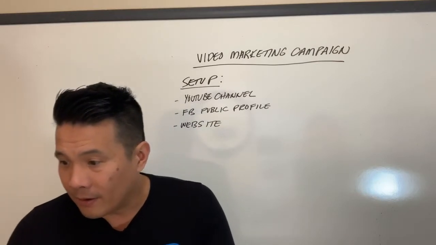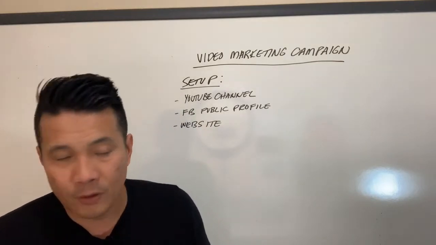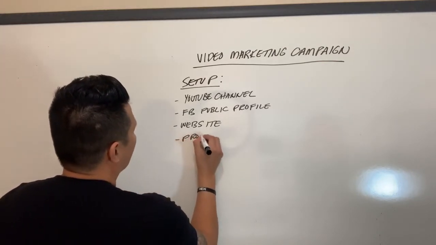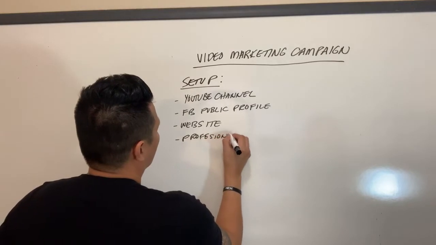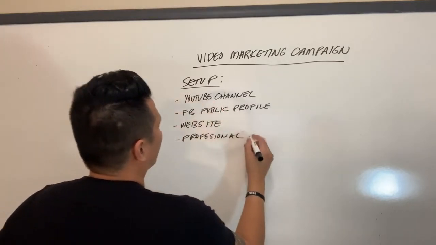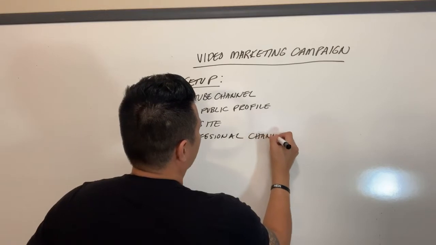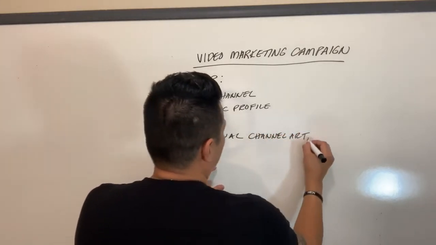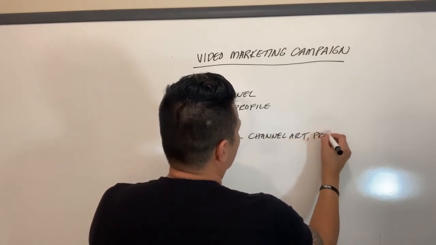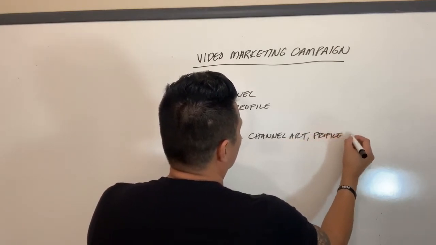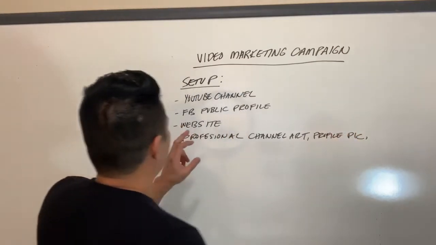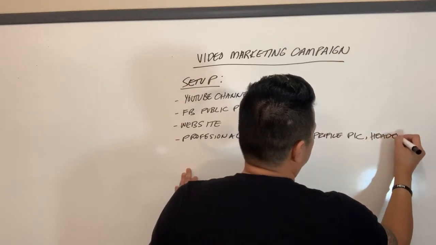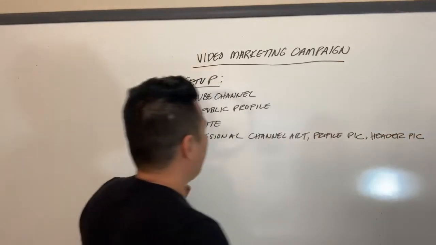So from there, right, you're gonna have to create professional channel art for your Facebook page and a professional profile picture, and also a professional header picture for your website, right?